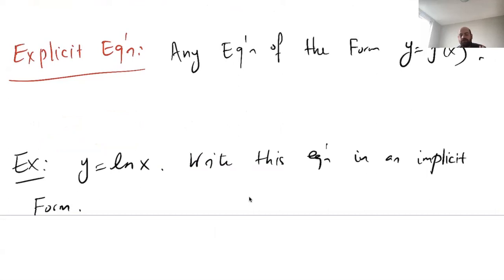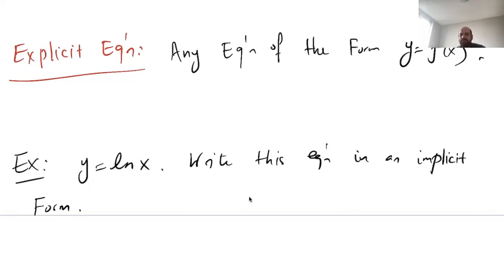Well, we said that if the left-hand side is y and the right-hand side is a function of x, then we call it explicit form. Otherwise, it's implicit form. Right now, it's an explicit form, but we want to write it in an implicit form. Implicit form means we don't want y equals a function of x, just a connection between x and y equals 0 or equals some constant.